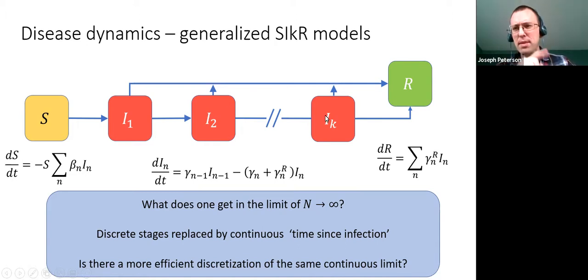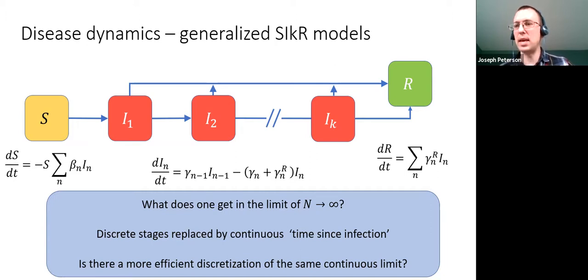So if the discrete problem is being replaced by a continuous problem, does there exist a more efficient discretization of the same continuum limit that would give us all of the advantages of having all of these additional compartments with none of the costs of having a high number of compartments?